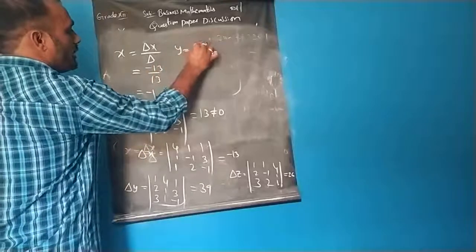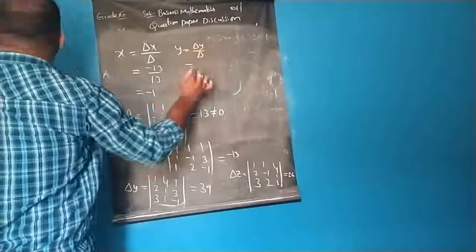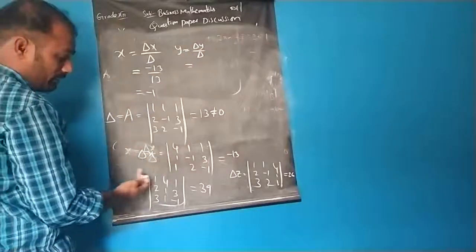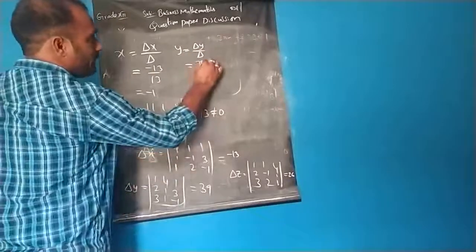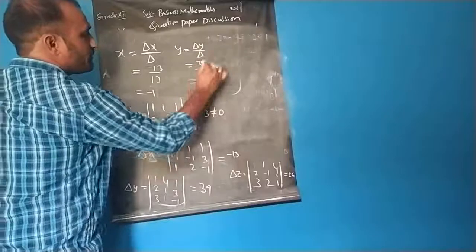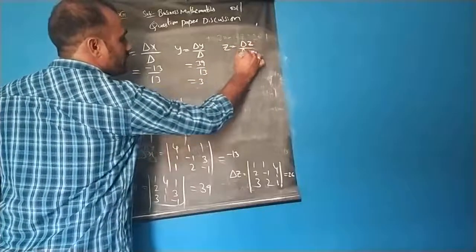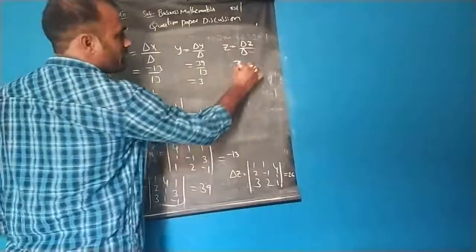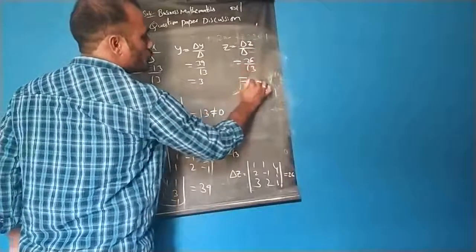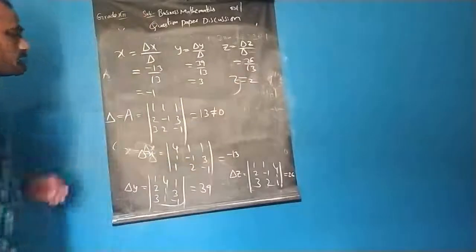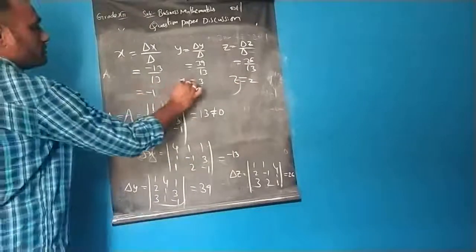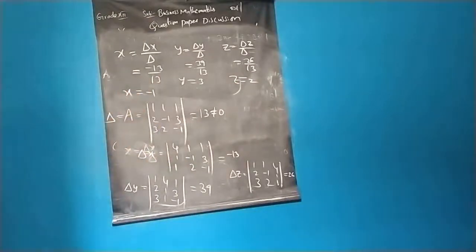Next, the y value is delta y by delta, where delta y value here is 39 by 13, which is 3. The z value is delta z by delta, which is 26 by 13, 2. So we got the x, y, and z values by Cramer's rule.